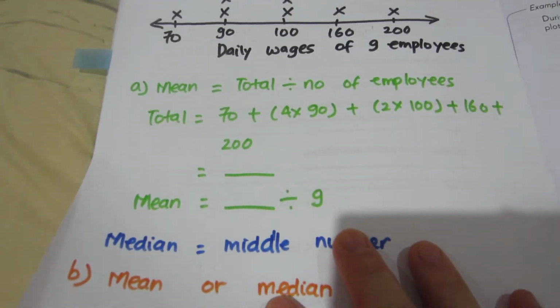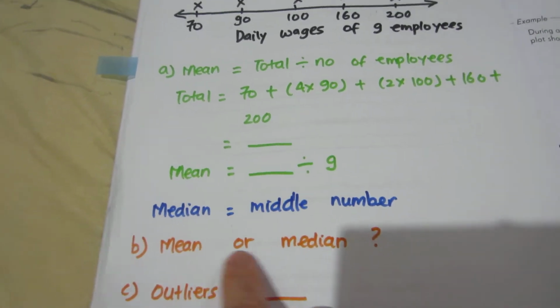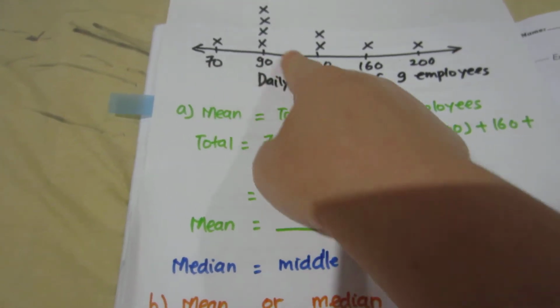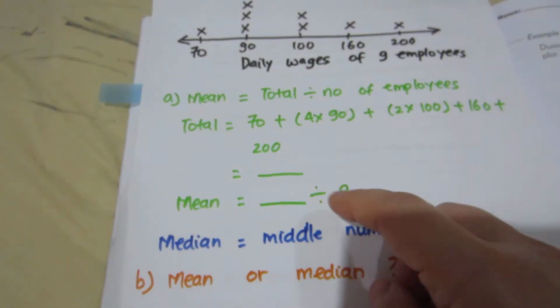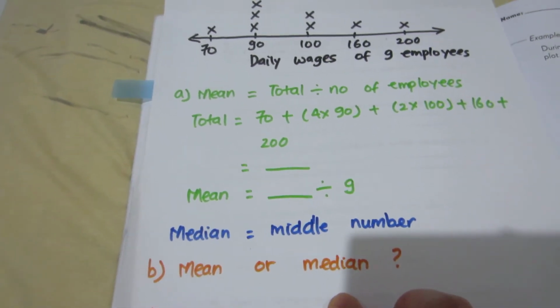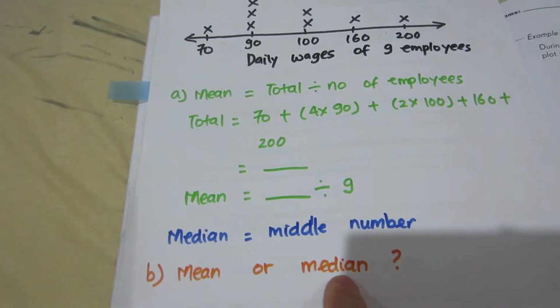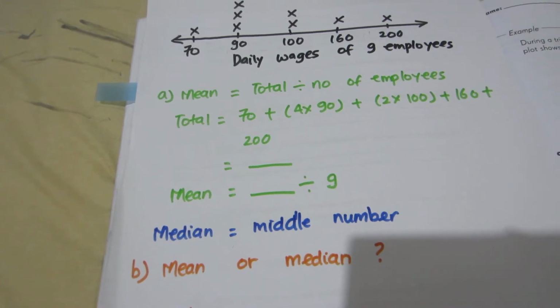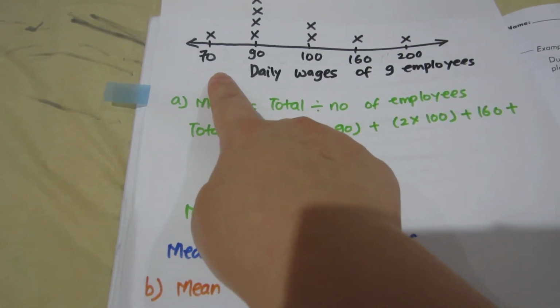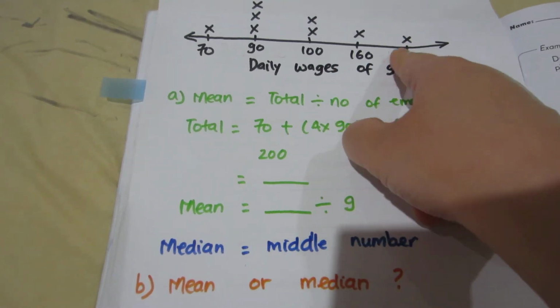So they ask you, is it the mean or the median which is close to this one? So you have to get the mean and the median first and determine whether the answer is mean or median, closest to the new workers. New workers will not get $200.